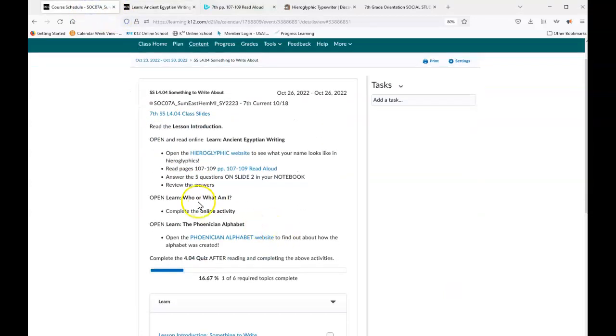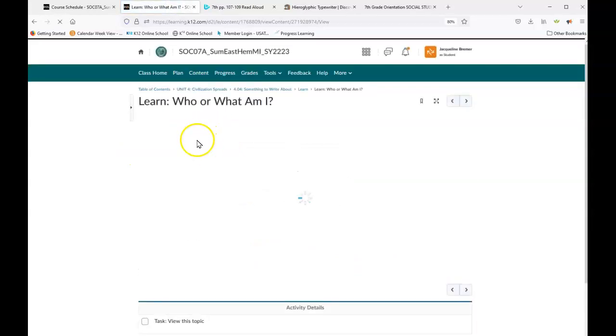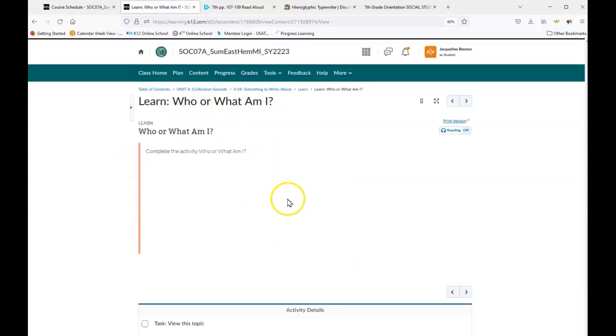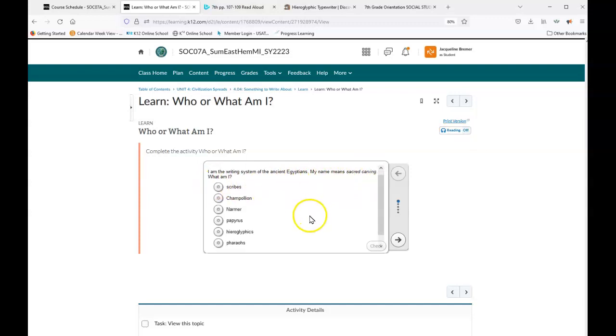All right. Who or what am I? If I click here, that's going to take me to that. Again, you can have this read to you. I'm the writing system of the ancient Egyptians. My name means sacred carving. What am I? Then check your answers. We are the people who kept the official Egyptian records.